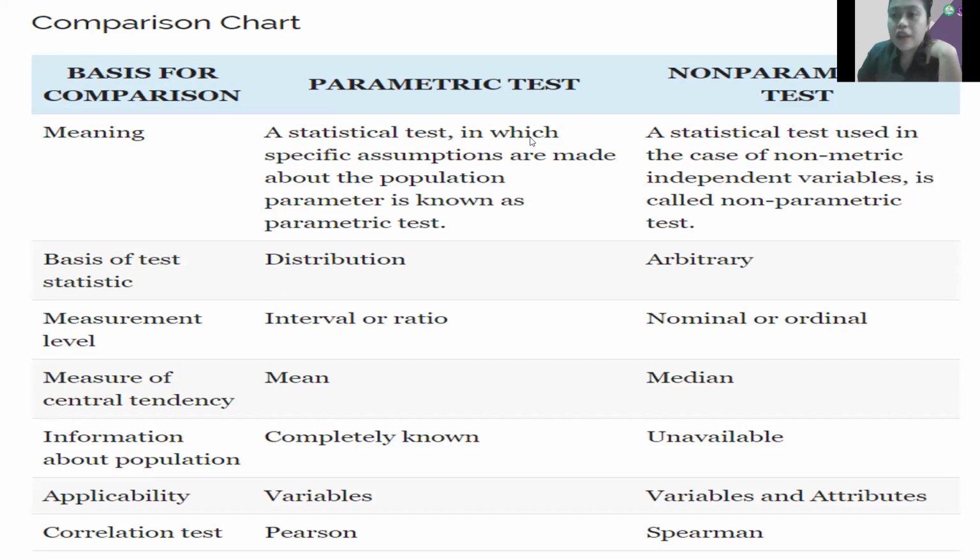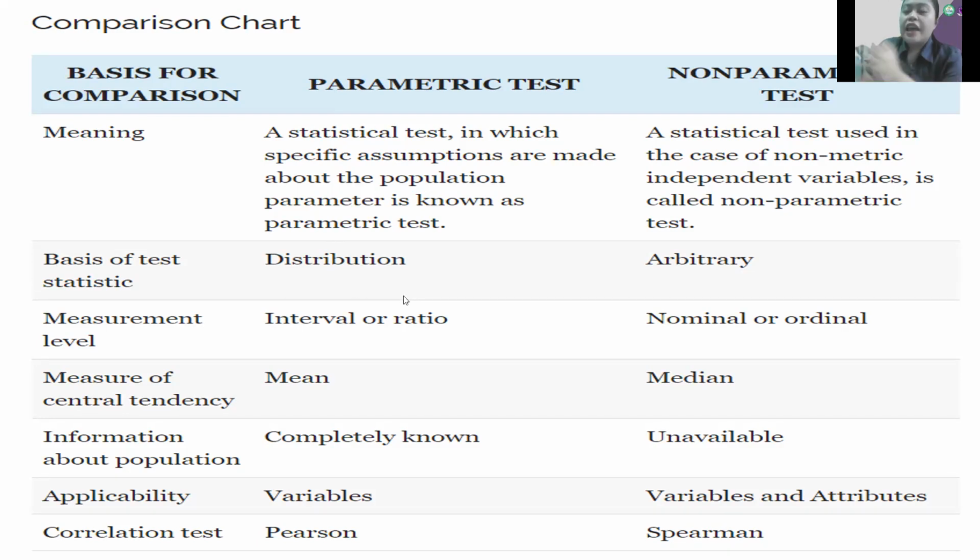Now, this male and female class are not numerical data. Okay? We call it, diba, nominal type of data since you only have classification. So, hindi mo pwedeng gamitin si parametric test if you are going to analyze it and interpret it. So please take note of that the measurement level for the parametric test will always be either interval or ratio.